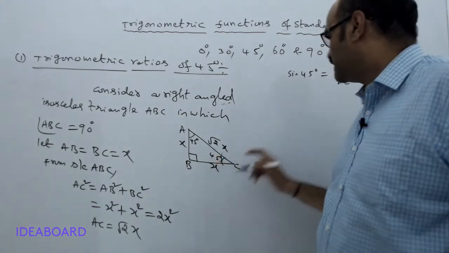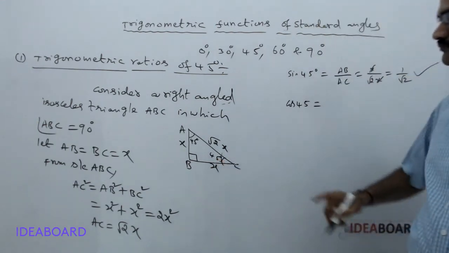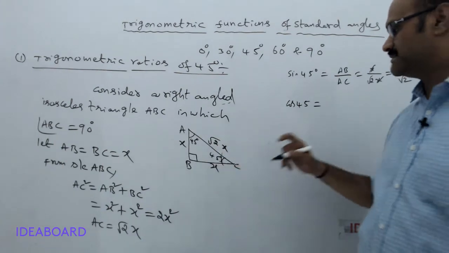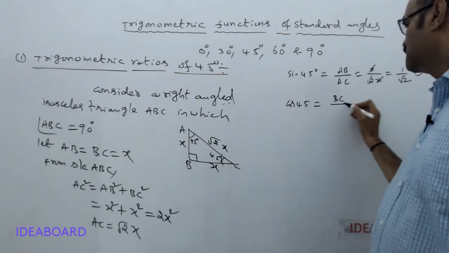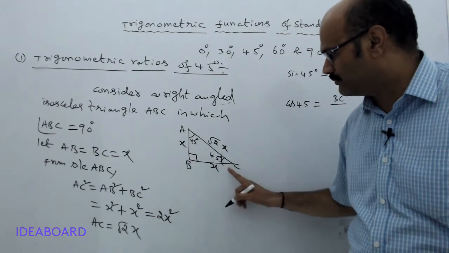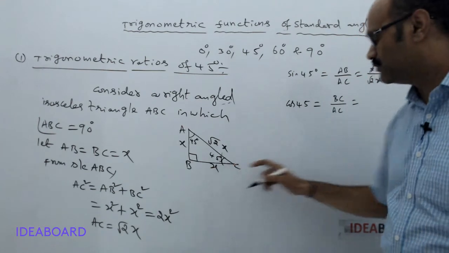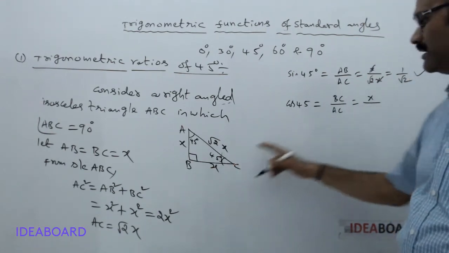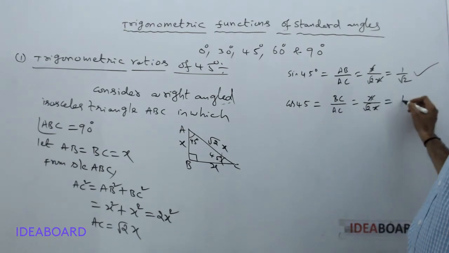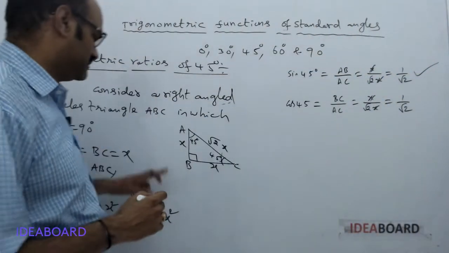Now, cos 45 equal to BC by AC, base by hypotenuse. Here base equal to BC. So BC equal to x by AC equal to root 2x equal to 1 by root 2. Now tan 45 degrees.